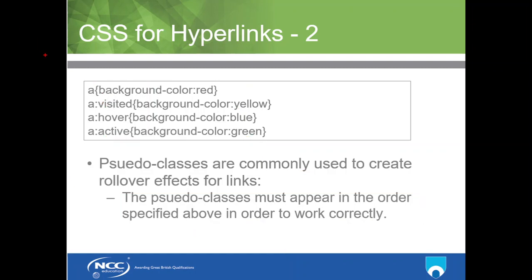That means that you have to start by formatting the general hyperlink, then visited, then hover, then active. You can't start with active, then the general hyperlink, then hover, and then visited. No, they have to appear in this exact order: the general hyperlink, then visited, then hover, then active. So don't forget that.